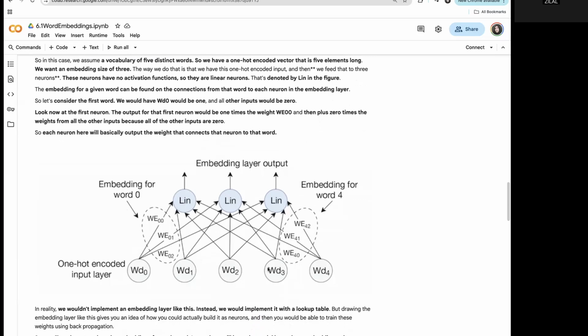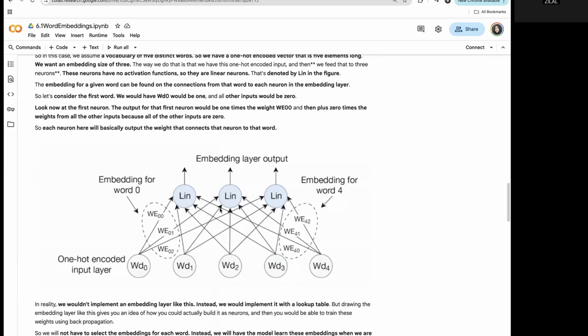We want an embedding size of 3. The way we do that, we have this one-hot encoding input, and then we feed that to 3 neurons. These 3 neurons have no activation functions, so they are linear neurons. This is denoted by the linear activation in this figure.